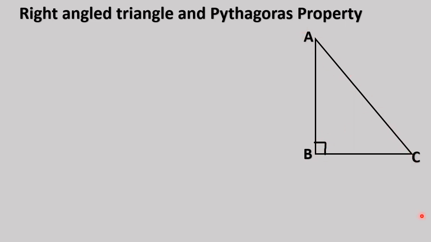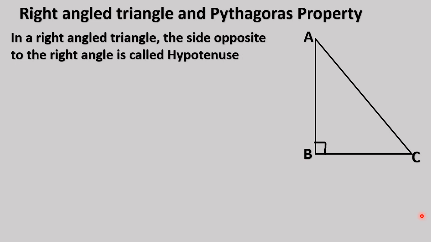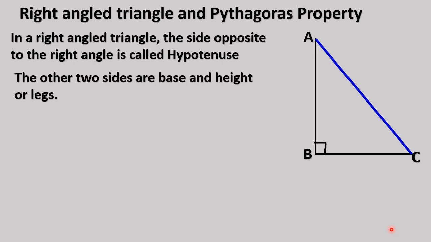The side opposite to the right angle is called the hypotenuse. The other two sides we call base and height, or you can simply call them legs. So hypotenuse, then two legs, or hypotenuse, base and height.